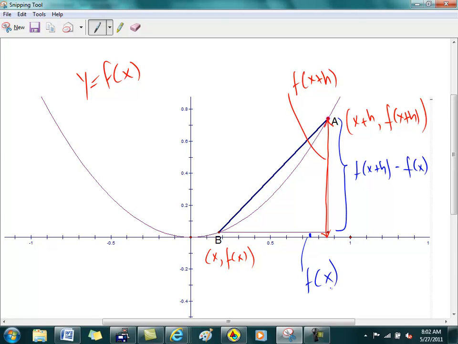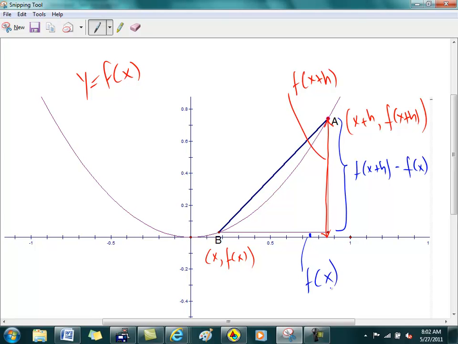So I've got this distance here is f(x+h), and then I've got this distance here that is f(x). You guys with me on that? So then, what is this distance here from there to there?